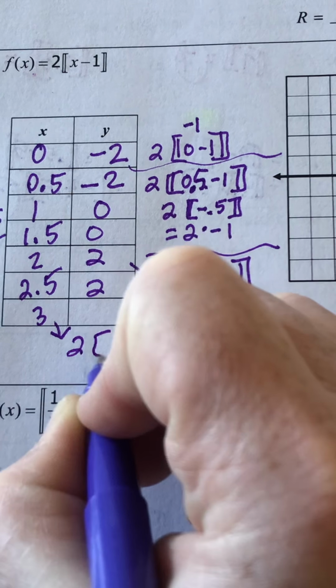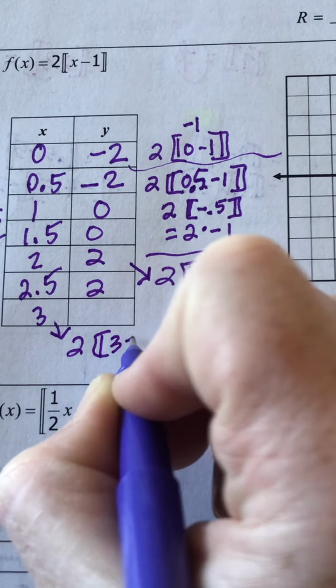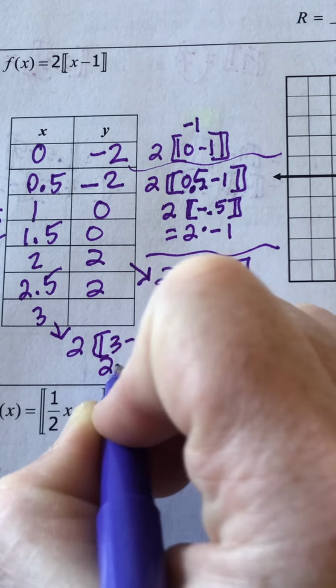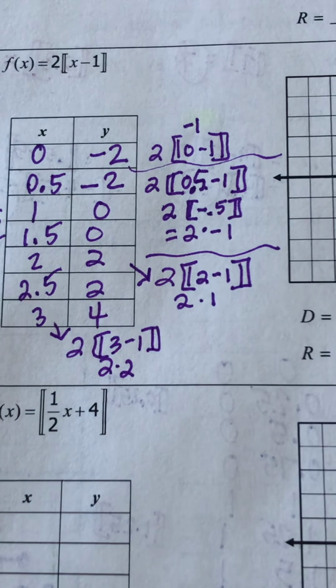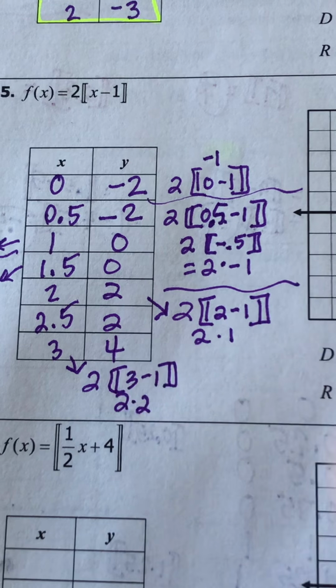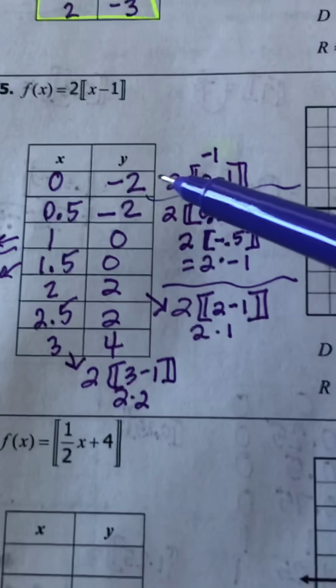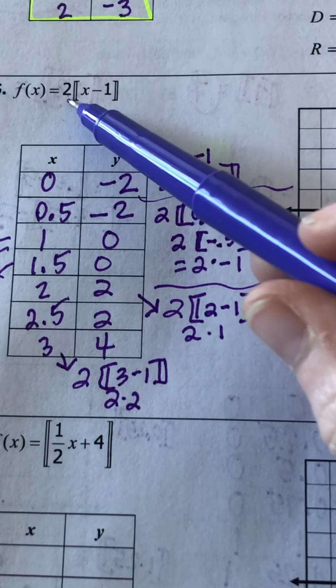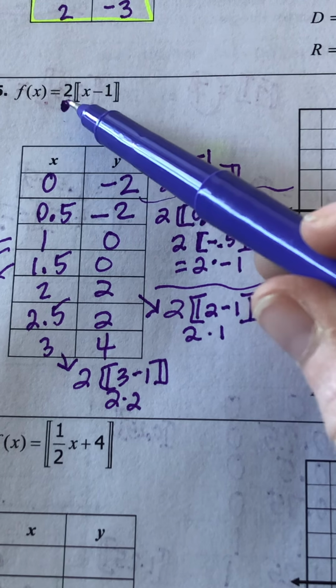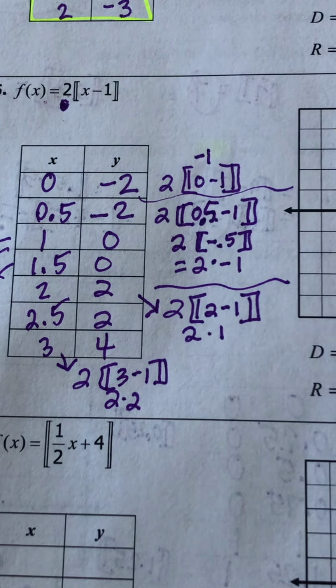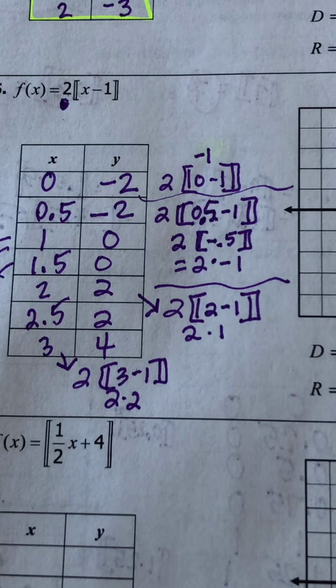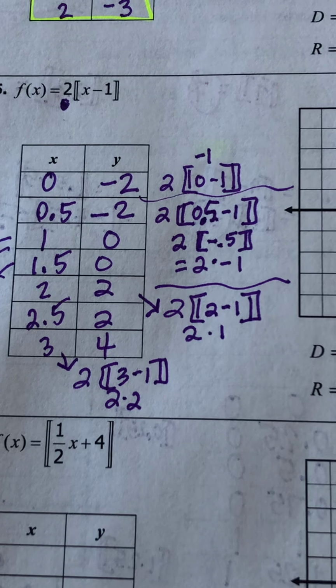That would be 2 times the greatest integer of 3 minus 1. That's 2 times 2, 4. So these are not going up by 1 anymore. They're going up by 2. That makes sense with the graph because I'm having 2 times something going on. Then I should expect a double change.